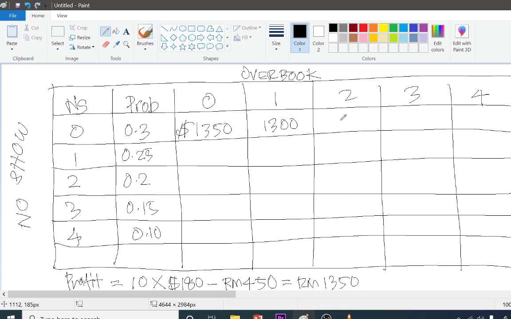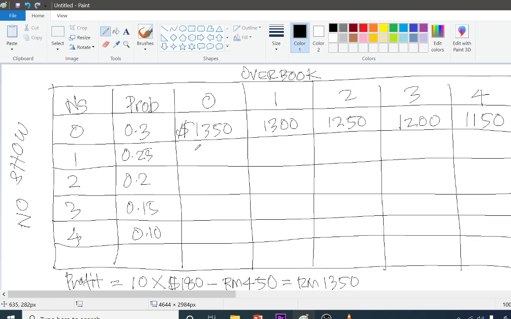So this will become 1250. If it is 3, it means 150, because RM 50 multiplied by 3. So this will become 1200, which is 1350 minus 150. And respectively for 4, it will become 1150.